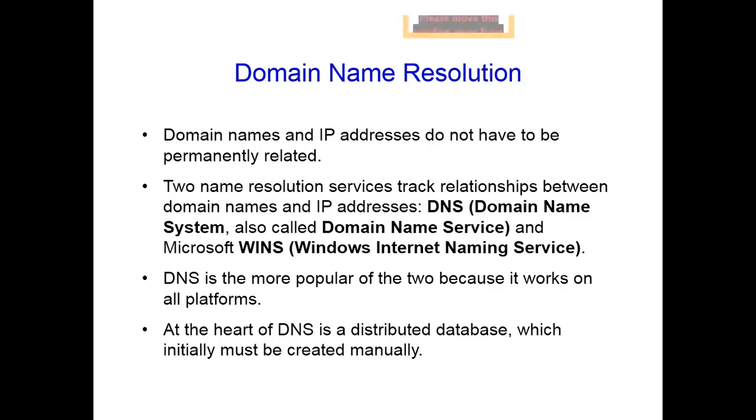Diba? Yung Windows natin, Microsoft may-ari. So sila yung pwedeng gumamit. Pero pag DNS, either Mac OS, iOS, Windows, pwedeng gamitin. Kaya yan yung domain name system or domain name service natin.